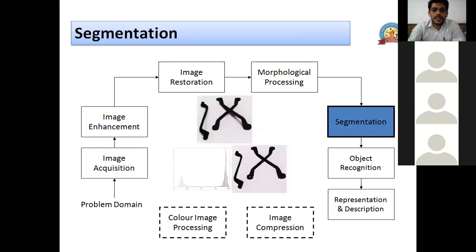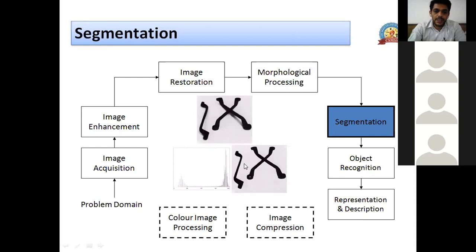Then comes segmentation. Segmentation is a process where you segment different things in an image. Here you can see there are two components in the image. You can separate out these two components, and after separating them, you can go for further processing.